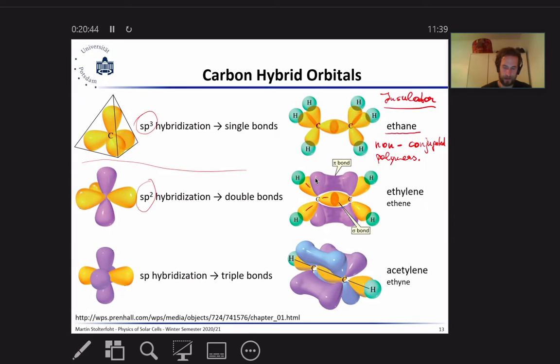And in addition, there is one pz orbital. These are those ones. So this is called pz.